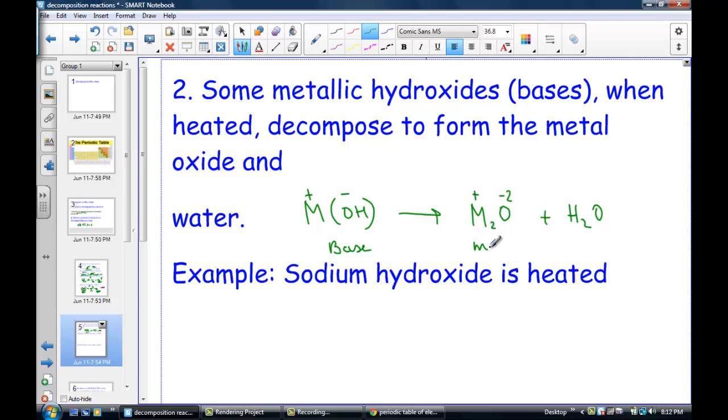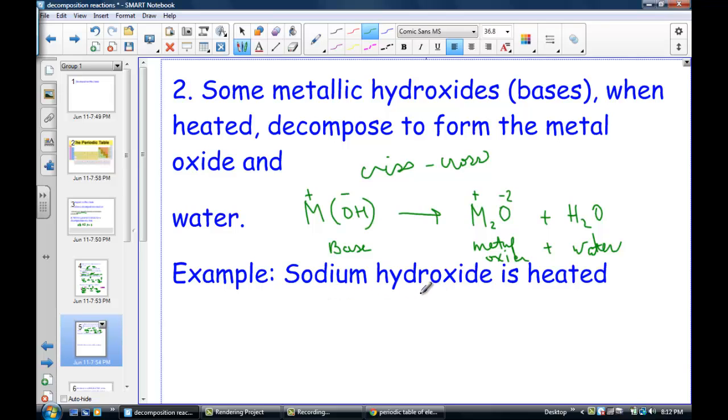When a metal hydroxide decomposes, it gives a metal oxide and water. Opposite of helpful hint 4 for the combination patterns. I'm just reminding us that this has to consider crisscross when we're writing out the pattern. So let's model.